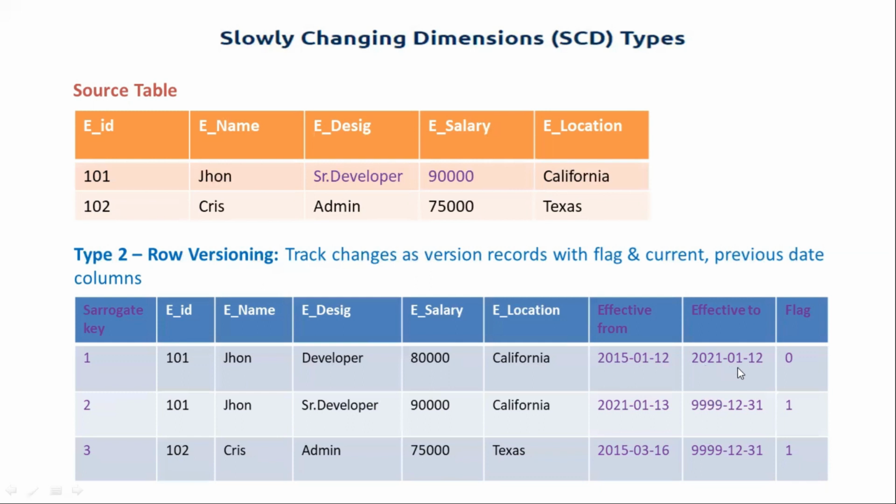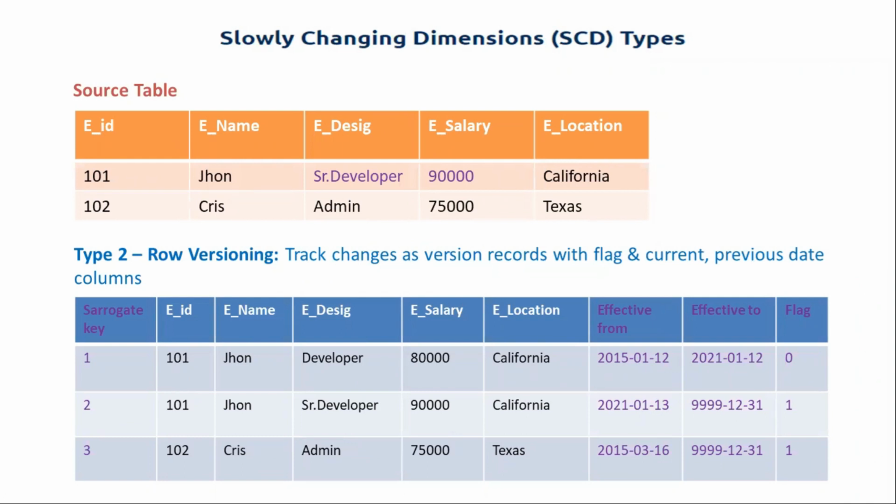When he got the hike or promotion, let us say on 13th of January 2021, his salary and designation were revised from that date. The second record shows this salary and designation effective from January 13 to the maximum date.